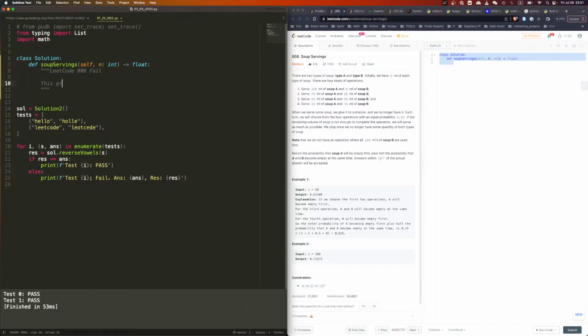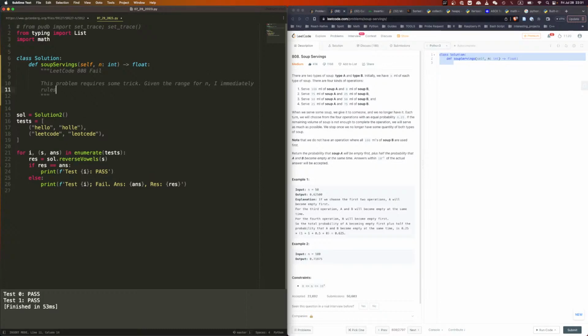This problem requires some trick. Given the range for n, I immediately rule out DP.